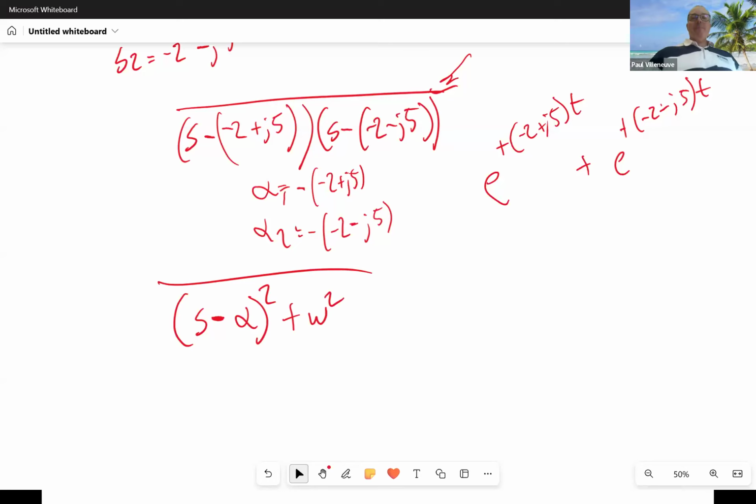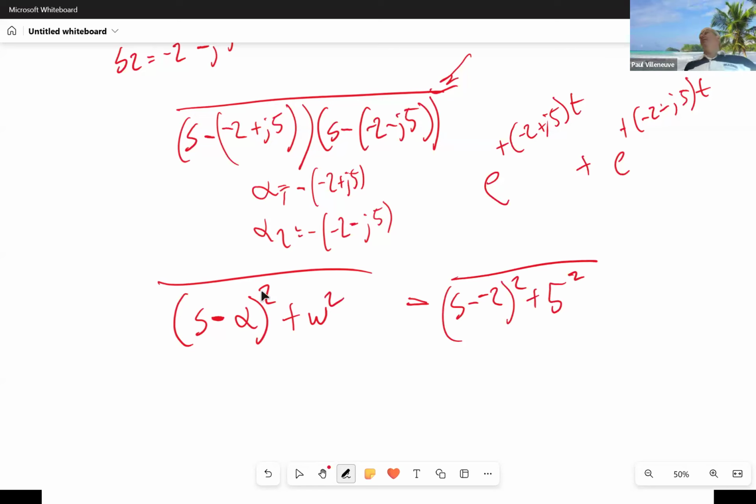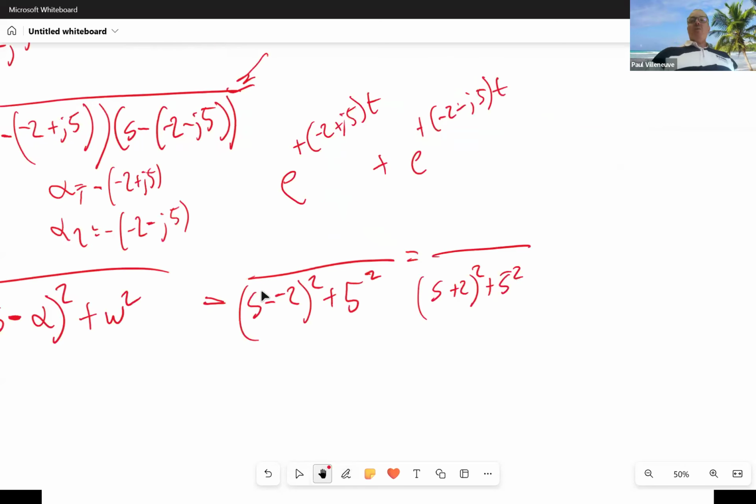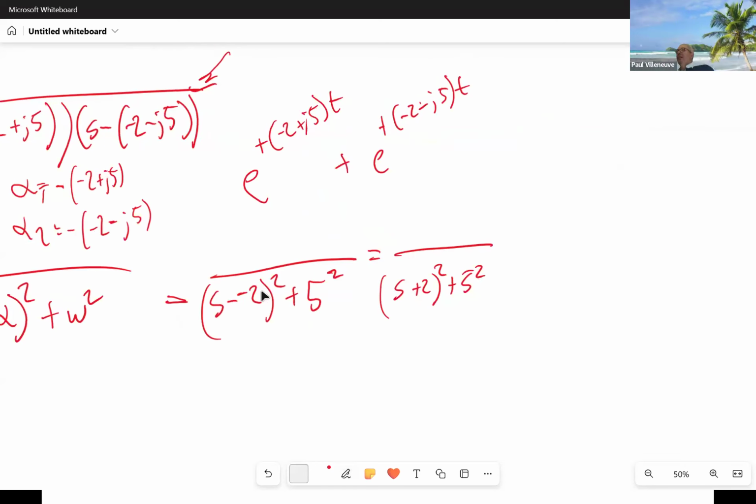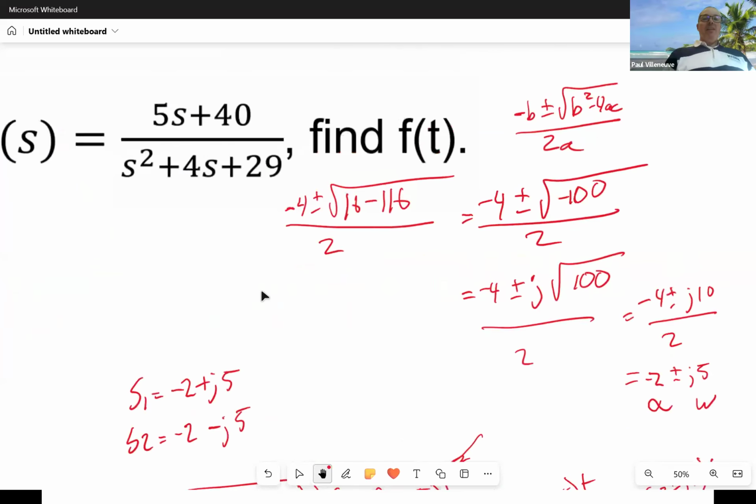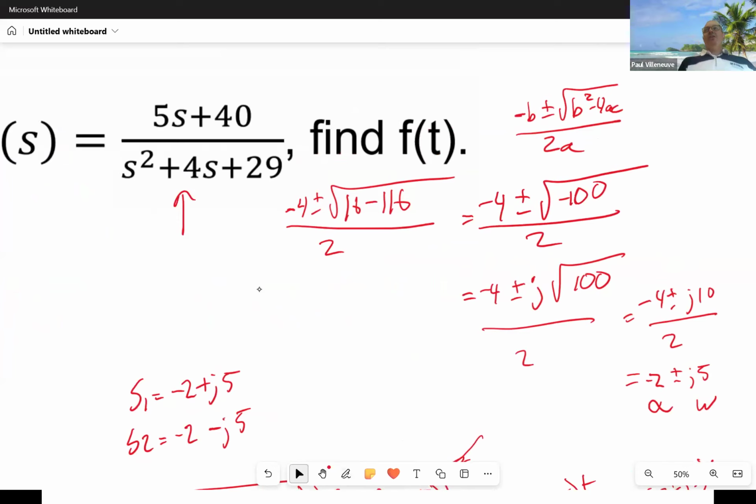So let's plug that in. S minus a -2, that quantity squared, plus 5 squared. That's a good thing, right? No complex numbers. They're all real. S plus 2, quantity squared, plus 5 squared, right? That's what that works out to be. If our work is correct, we should end up with this initial expression right here.